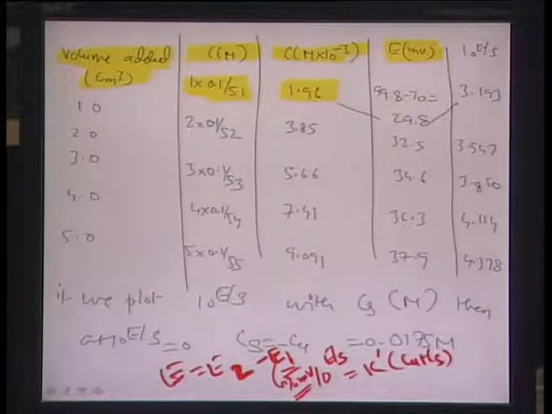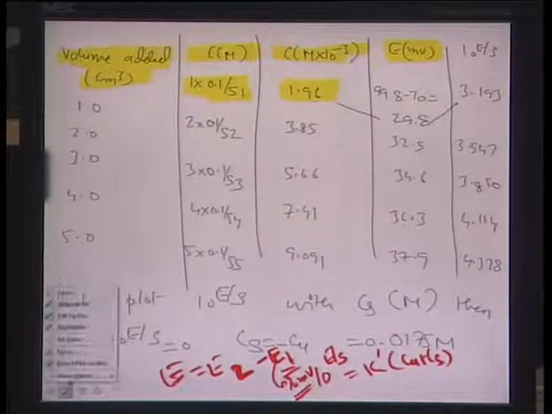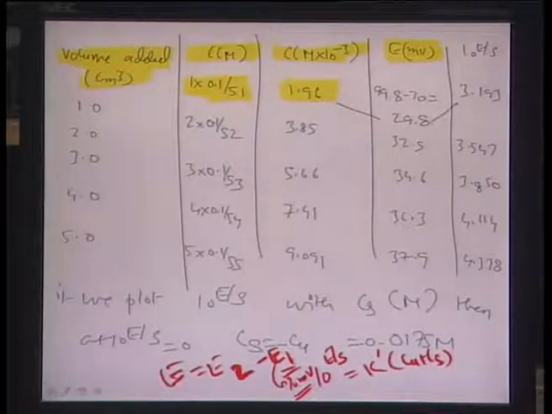If E2 is 99.8 millivolts, as has been given earlier, then the difference between E2 and E1 is written here as E equal to 29.8 millivolts, and similarly this goes true for all the other readings mentioned in the earlier table.